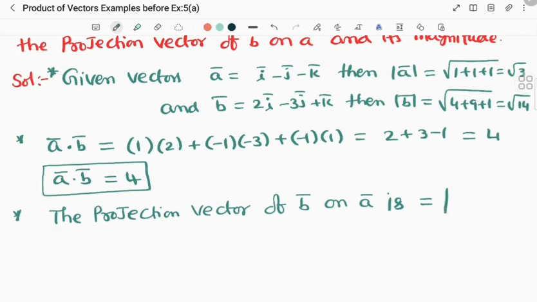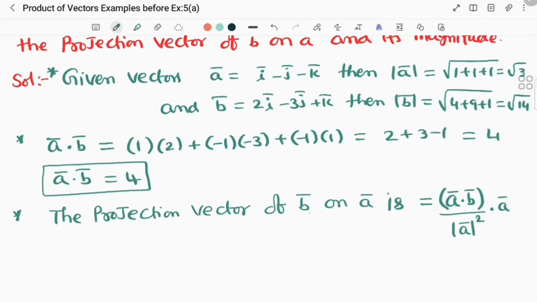The projection vector of B bar on A bar means first, modulus not required, first the dot product of two vectors you write: A bar dot B bar. On A bar means denominator mod A bar square into A bar. This is the formula for the projection vector of B bar on A bar. Suppose the same question, projection vector of A bar on B bar means A bar dot B bar by mod B bar square into B bar, you write it, dear students.